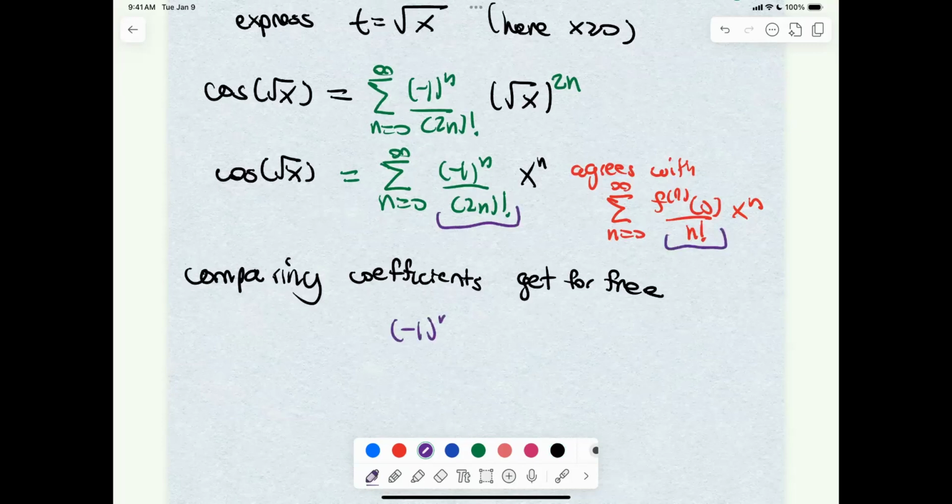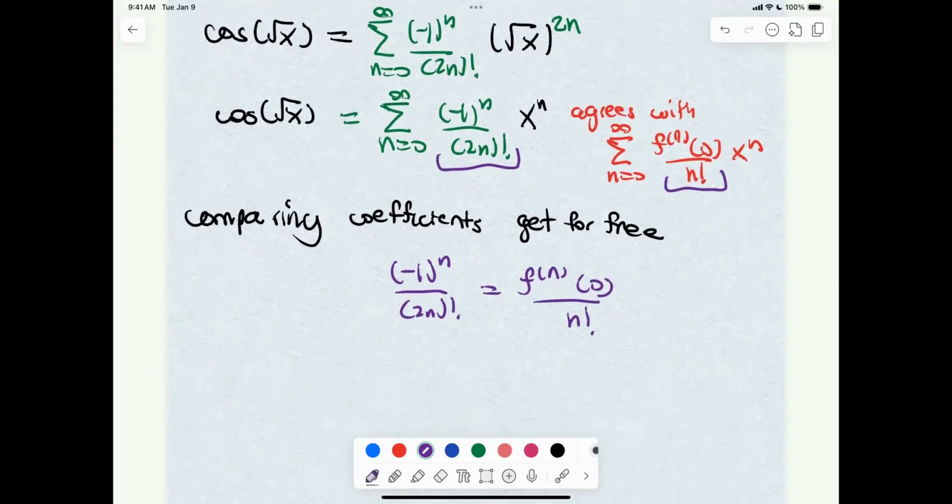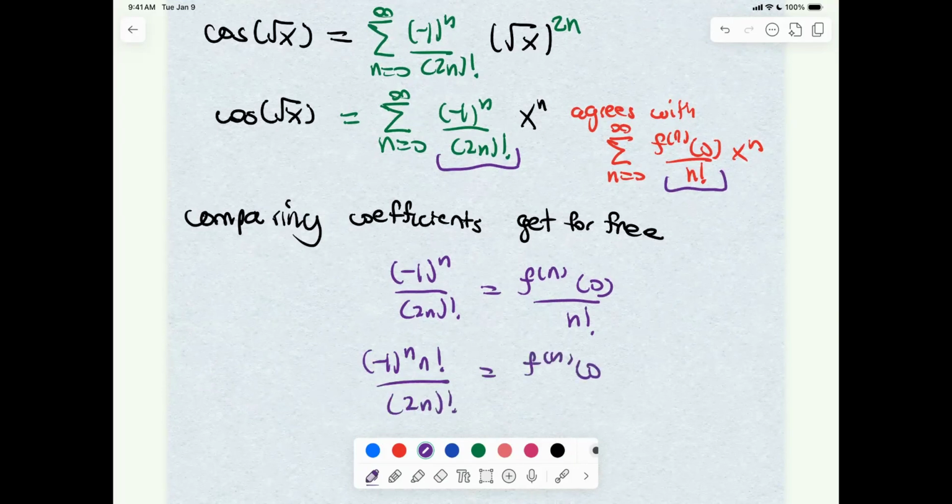So you get that -1 to the n over 2n factorial is the nth derivative of this function at 0 divided by n factorial. So that gives you a formula for what the nth derivative at 0 would have been. So you get that -1 to the n times n factorial over 2n factorial is f^(n)(0).